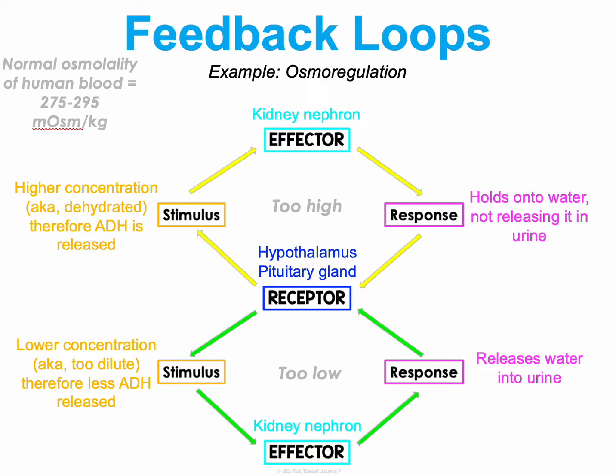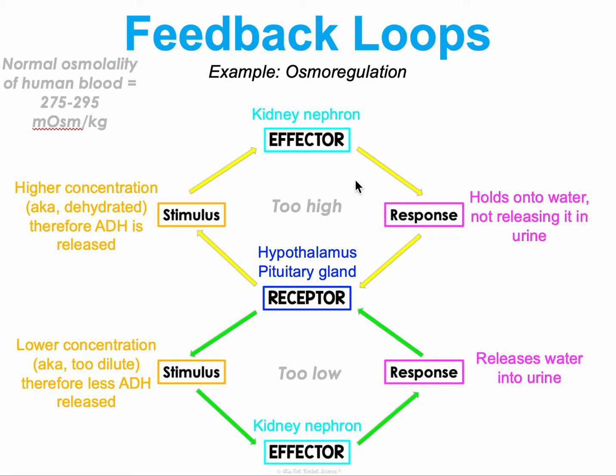Another example with a feedback loop would be osmoregulation, and the normal osmolality of human blood is somewhere in this range. So just keep that in mind. Again, the receptor organ could potentially be the hypothalamus in your brain, or it could be the pituitary gland as well, as we'll see in a second.